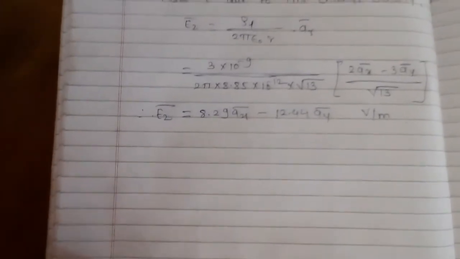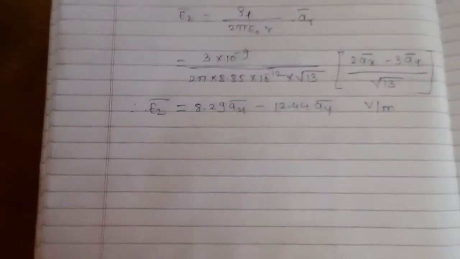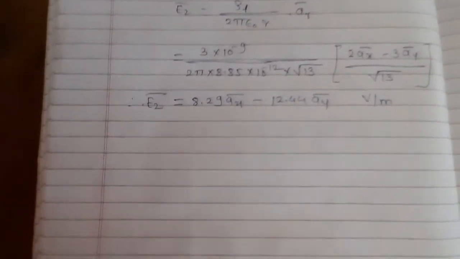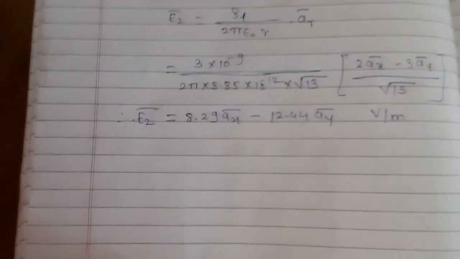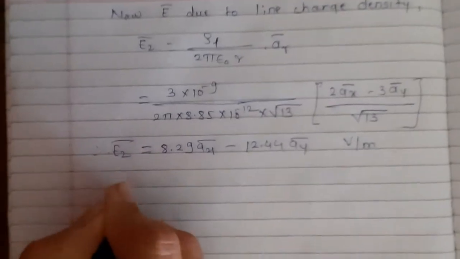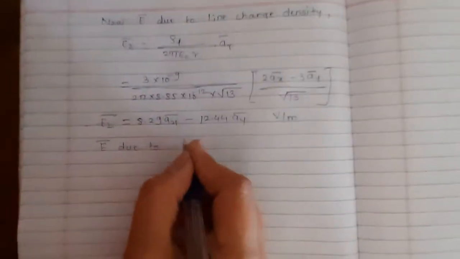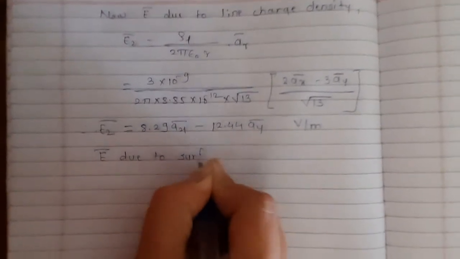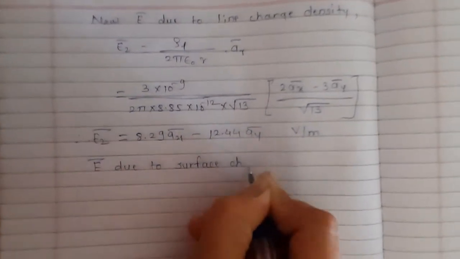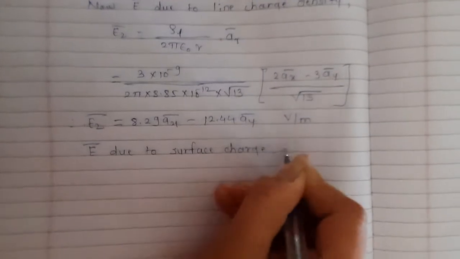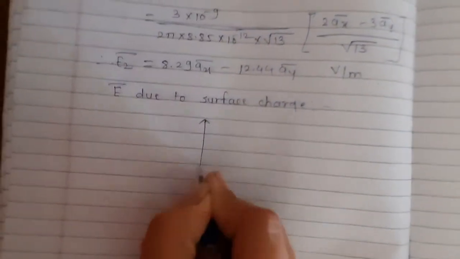Now the first part of this problem is E bar due to the point charge, second we calculated E bar due to the line charge, and third we have to calculate the E bar due to the surface charge. Now for that we have to draw the diagram.